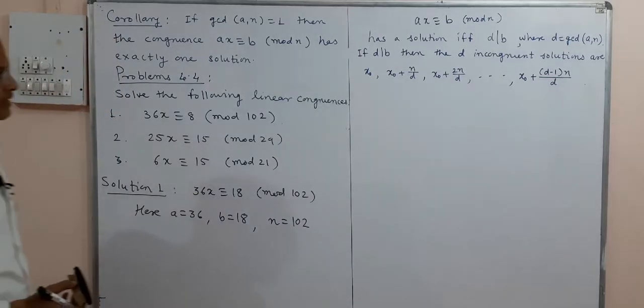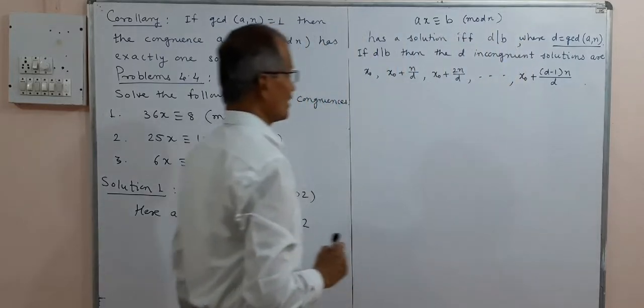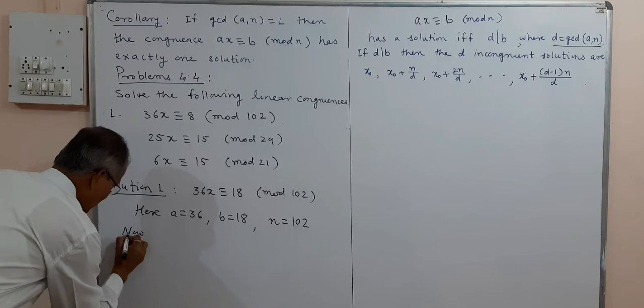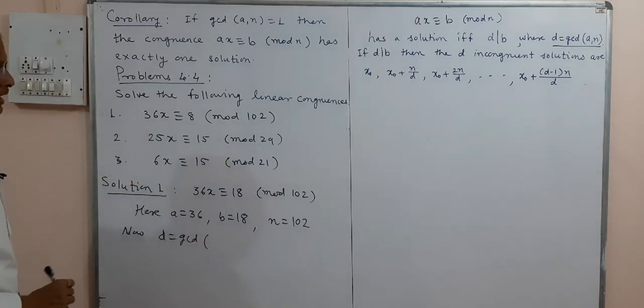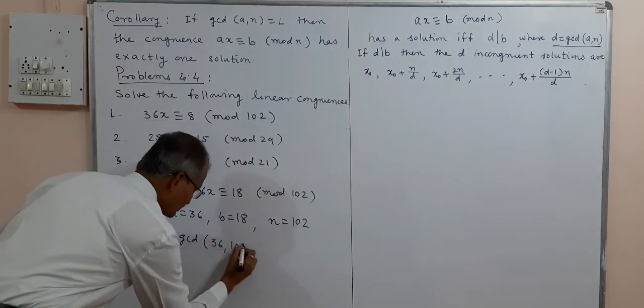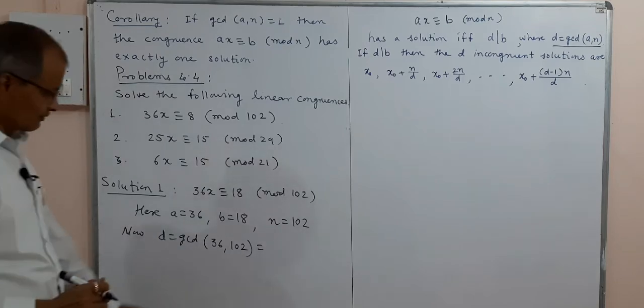Now what we require is d. d is the GCD of a and n, that is, of 36 and 102.